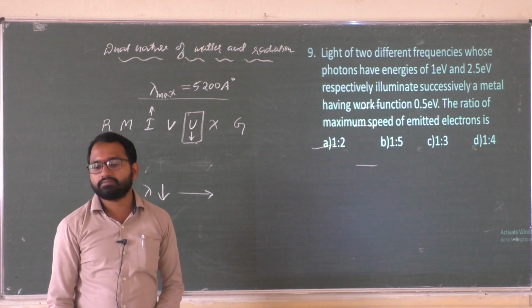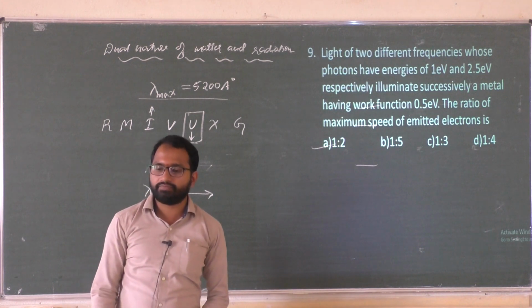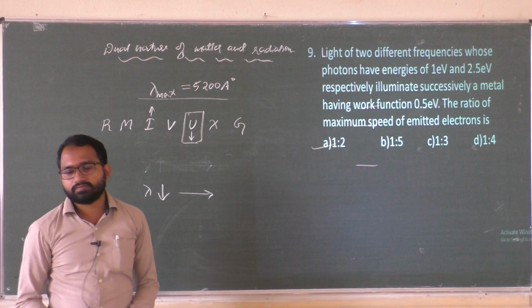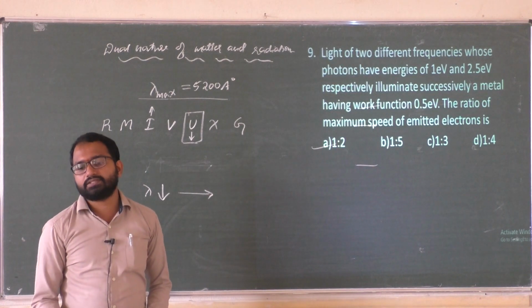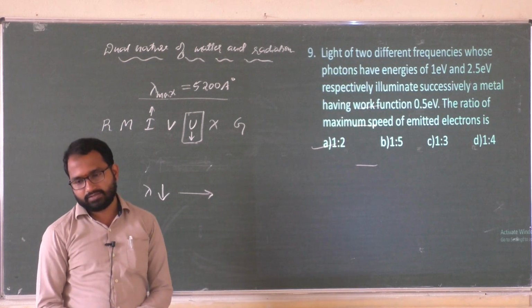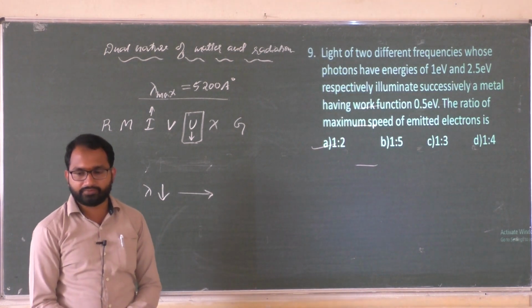You know the energy depends on the frequency. Photons have the energies of 1 electron volt and 2.5 electron volt. The work function of the metal is 0.5 electron volt.